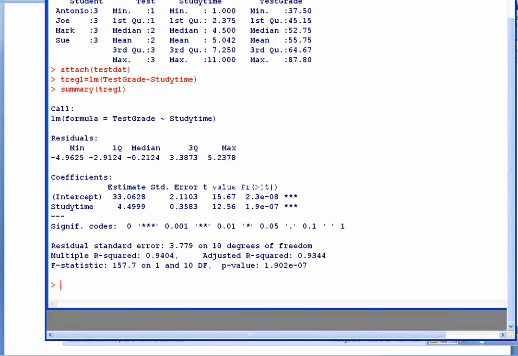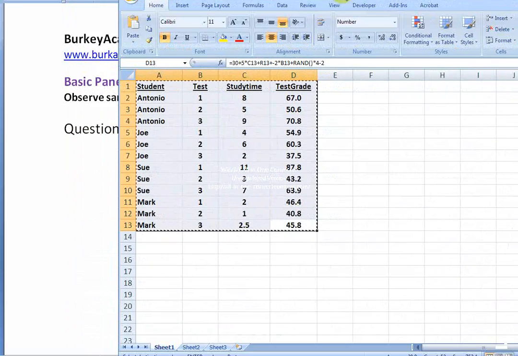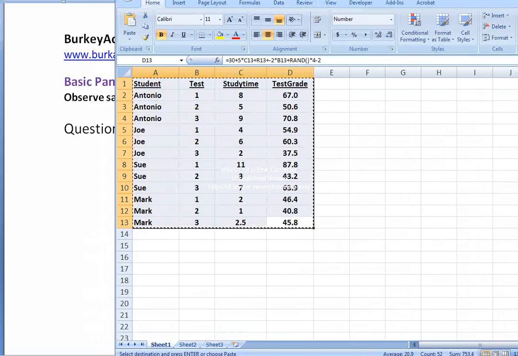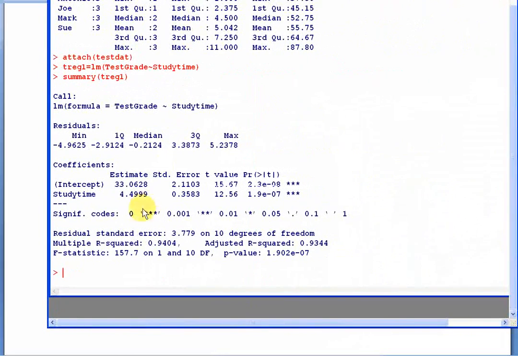So our slope here, 4.5, y-intercept 33. So we could plug those in for any student, and we could generate predictions here. Now let's just take one last look here. Our r squared is about 0.94, so we're able to explain 94% of the variation just using this data, which is pretty darn good.